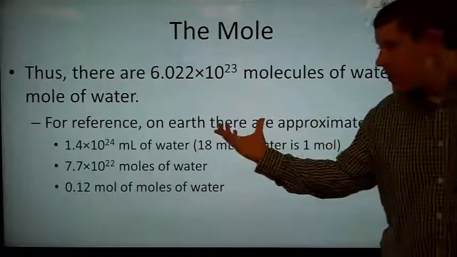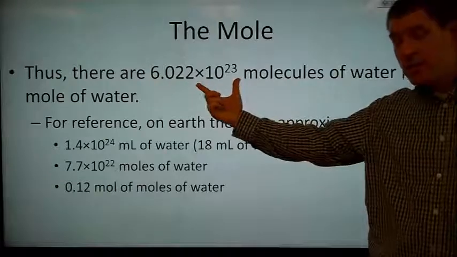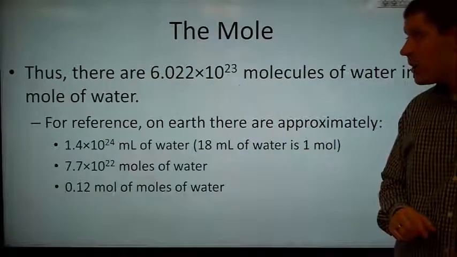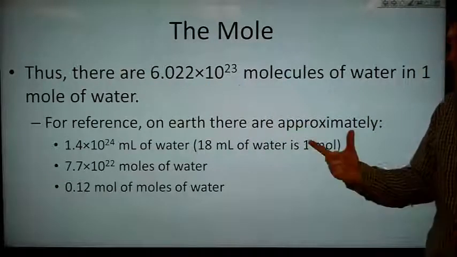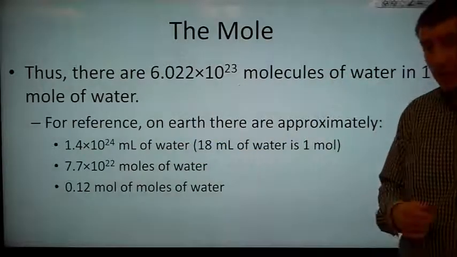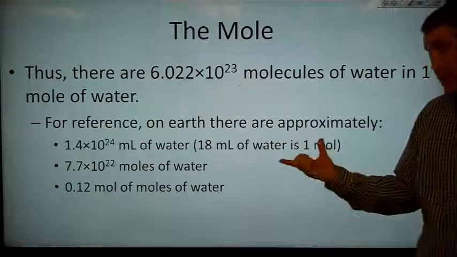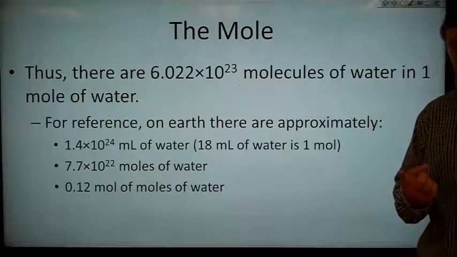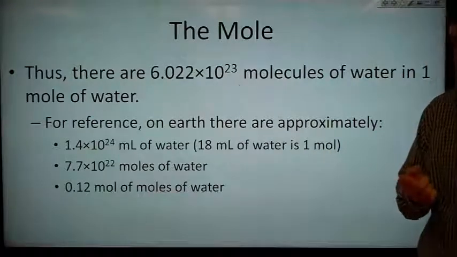So for reference on how big this 6.022 times 10 to the 23 number really is, on Earth there are approximately 1.4 times 10 to the 24 milliliters of water. Now, 18 milliliters of water is 1 mole. That's not a whole lot.